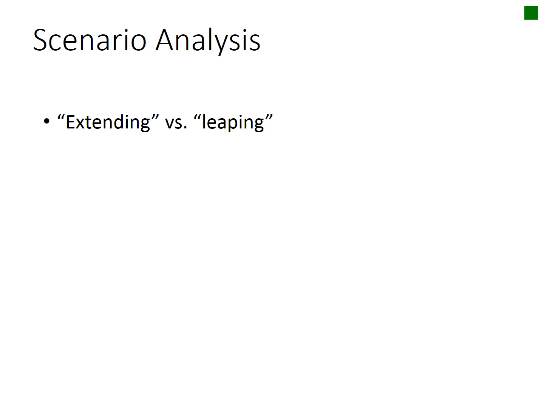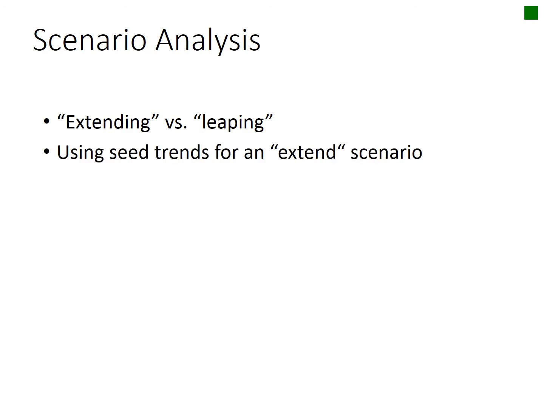The internet, of course, is a very leaping type of technology, which has created vast jumps in product innovation that solve problems and change how we do things nowadays. So the extending versus leaping concept is a big one to grasp and think about.